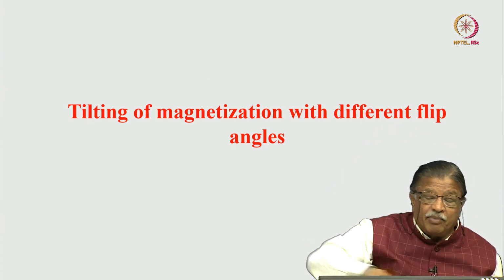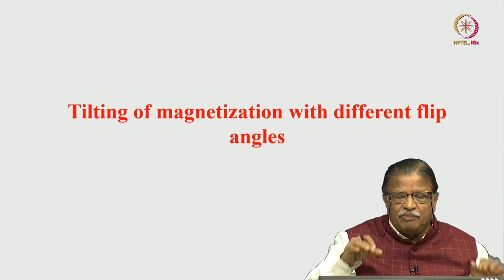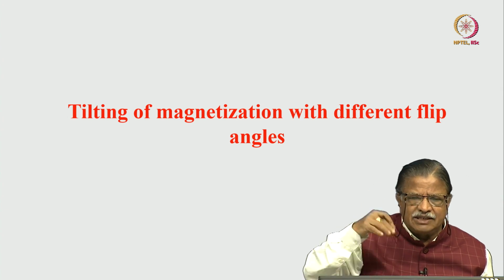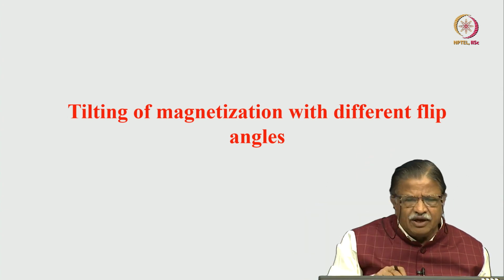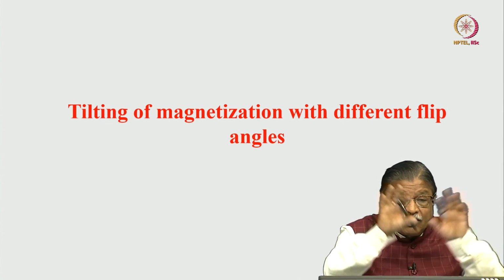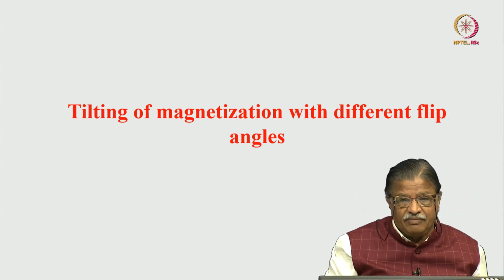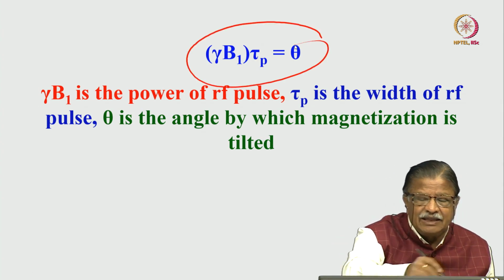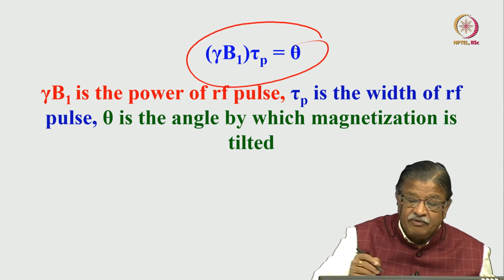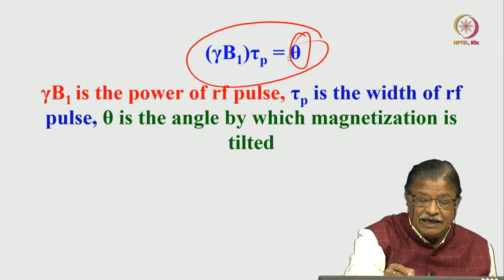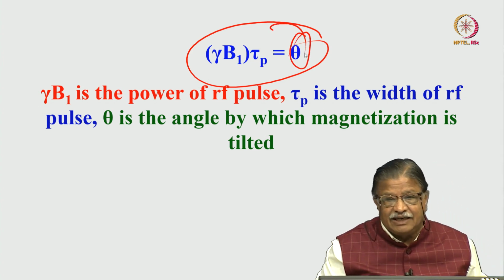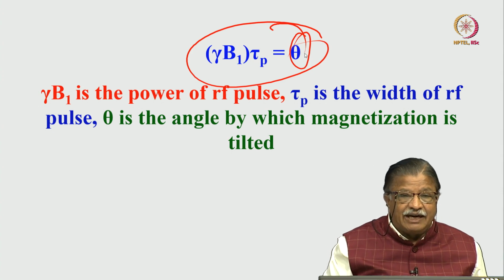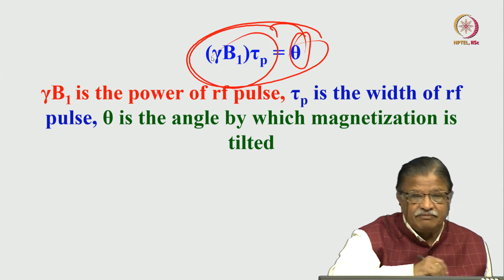I can keep on applying pulses, 90, 180, 270, 360, like that. You can make the magnetization go round and round. That is what you can do. And this is the equation which we have to use. This is the angle theta, and how much the magnetization is tilted, by 90 degrees or 180, is defined by this equation.